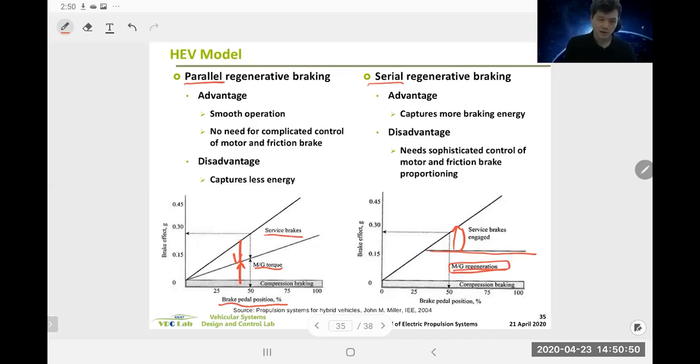But parallel does not do that, meaning friction brake is also blended at low power, low torque conditions.